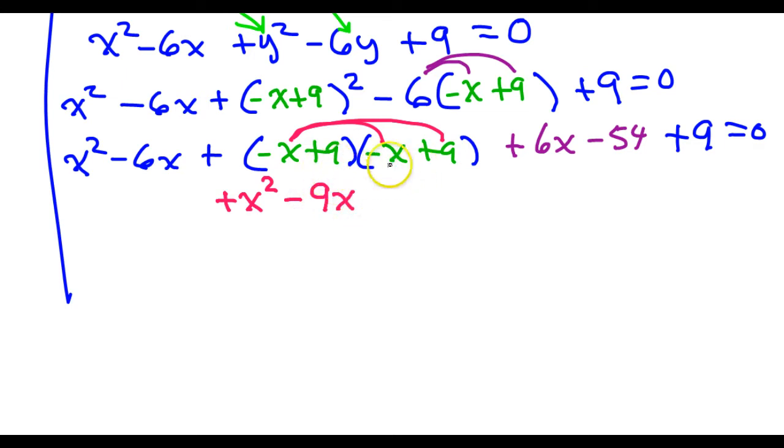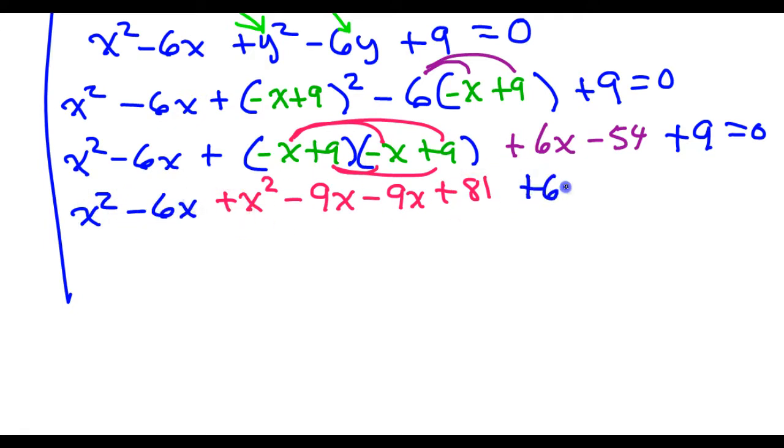Then I'm going to do the distributive property with the 9. 9 times negative x is again negative 9x. 9 times 9 is 81. So that's what you get when you multiply this binomial out. I'm just going to bring down everything else. So I have x squared minus 6x plus all of this plus 6x minus 54 plus 9 equals 0.